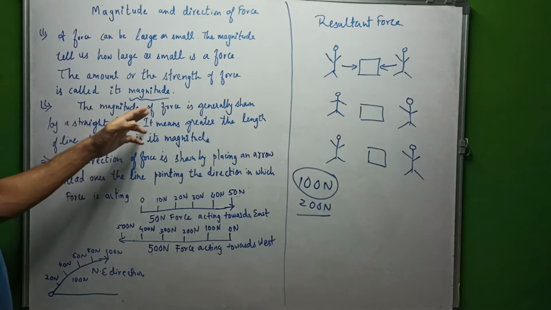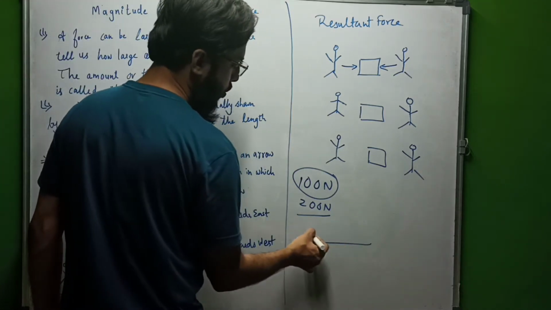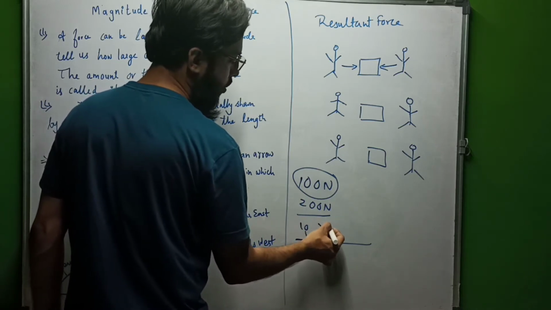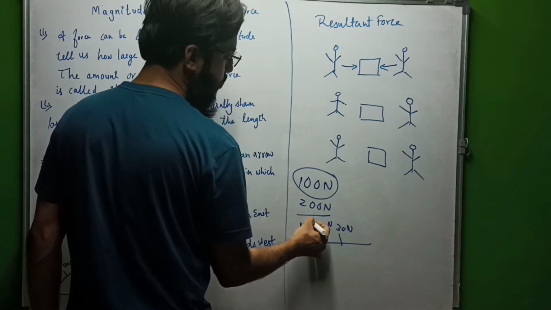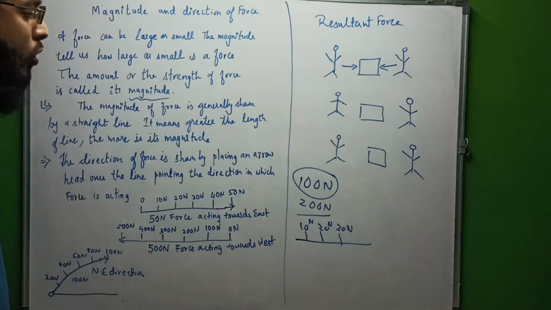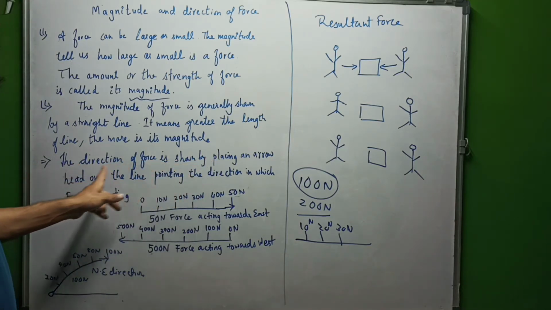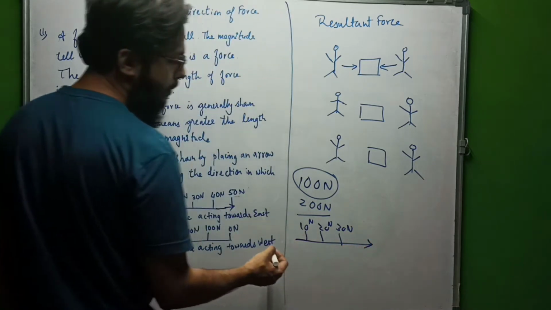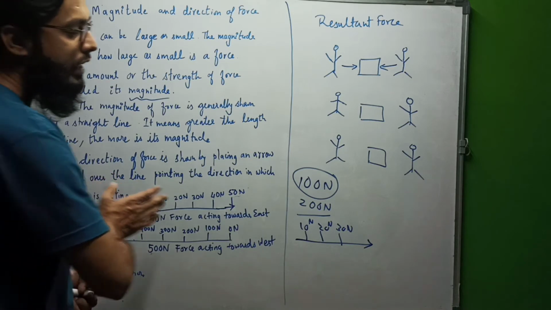The magnitude of force is generally shown by a line, like on a paper. If I show you 0, then 10 Newton, 20 Newton, 30 Newton, in this way we can show the magnitude. But the direction of force is shown by placing an arrow head over the line. If we place the arrow like here, we can say the force is going in this direction.